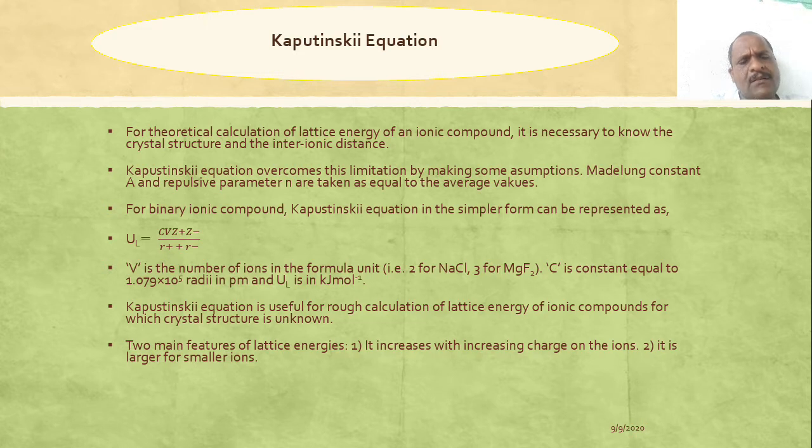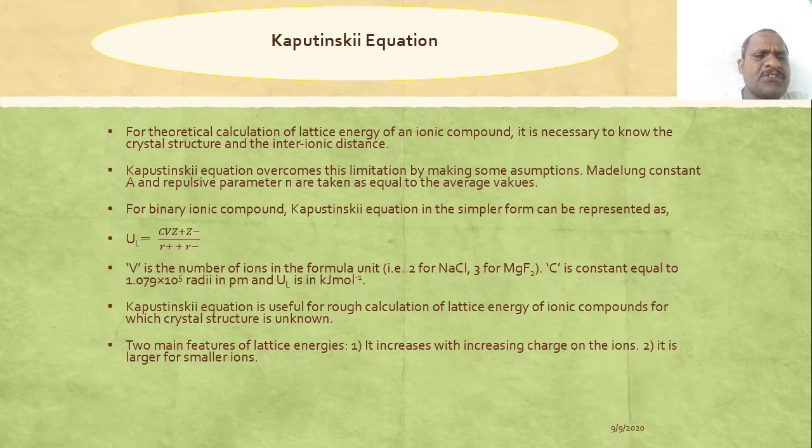Dear students, the Kapustinskii equation is useful for rough calculation of the lattice energy of ionic compounds for crystals which are unknown. Those crystals which are newly found or whose structure is not known, for such crystals we can mostly use the Kapustinskii equation for calculating their lattice energy.